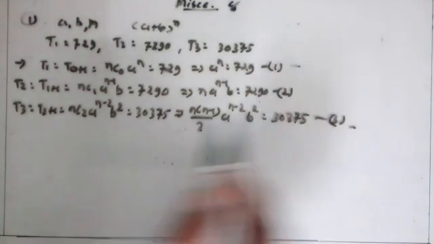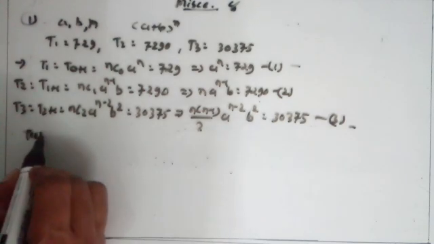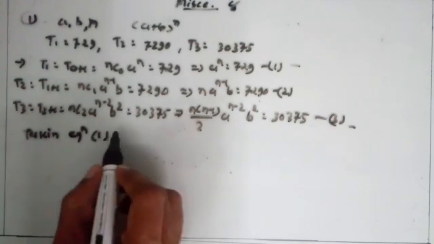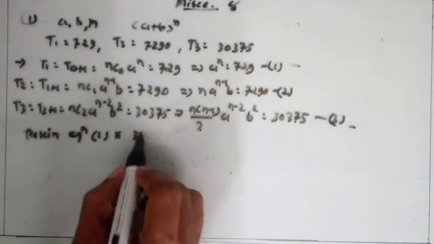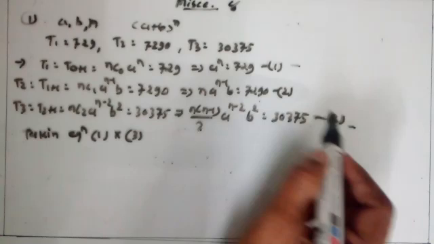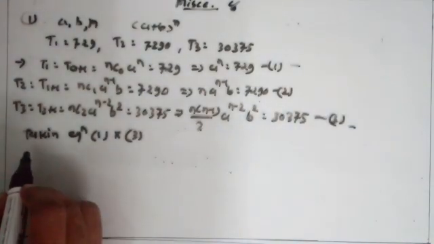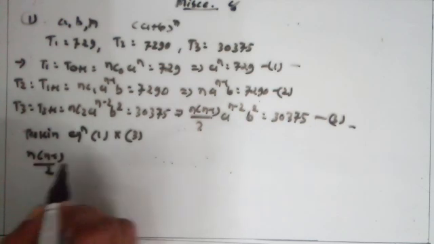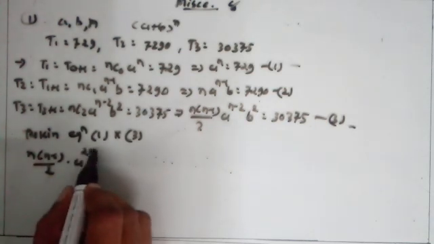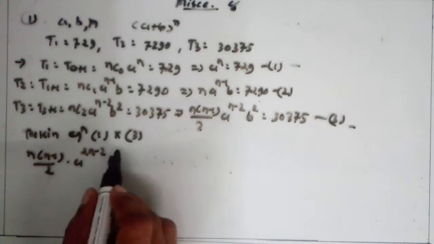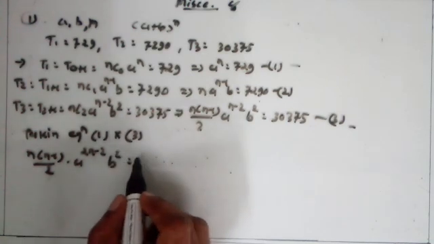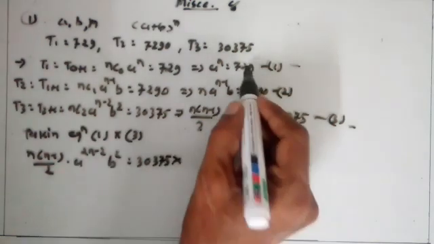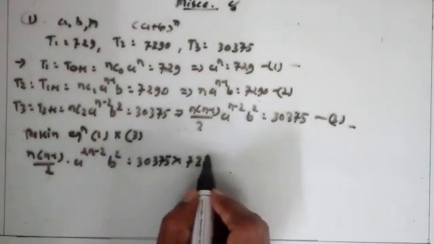So multiplying the first and the third, we get n into n minus 1 by 2, a raised to n minus 2, b raised to 2 is equal to 30375 into 729.